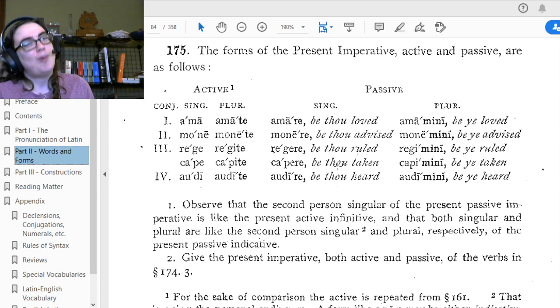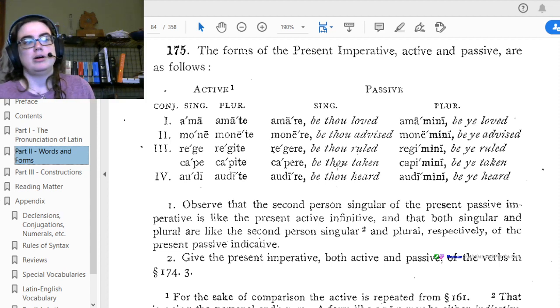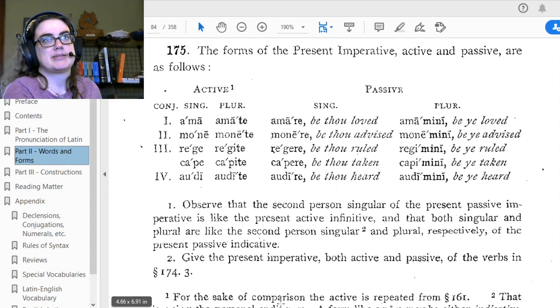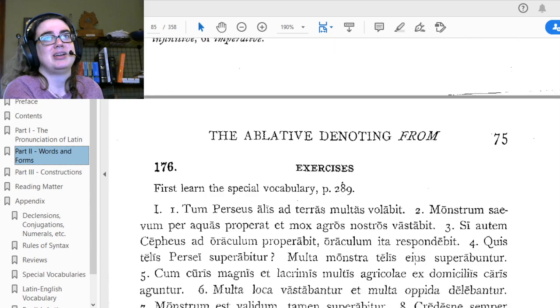Or, more likely, imperatives aren't very polite. Commands aren't very polite. So if you're talking to someone in a friendly manner and you want them to do something, you would find a more polite way of saying it. Do you want to? Would you like to? Hey, come on, please listen to me. Blah, blah, blah. Consider this. Whatever the case, form-wise, they're not hard at all. And again, not that common. So we're just kind of breezing through it.